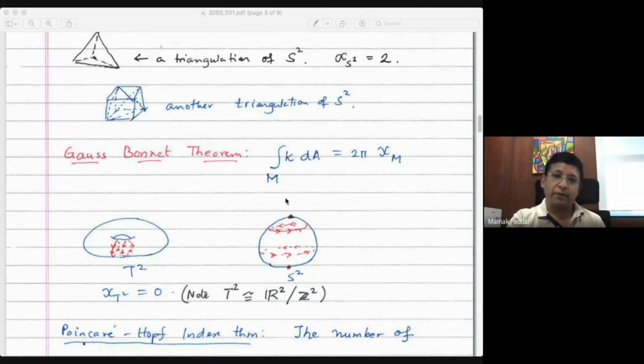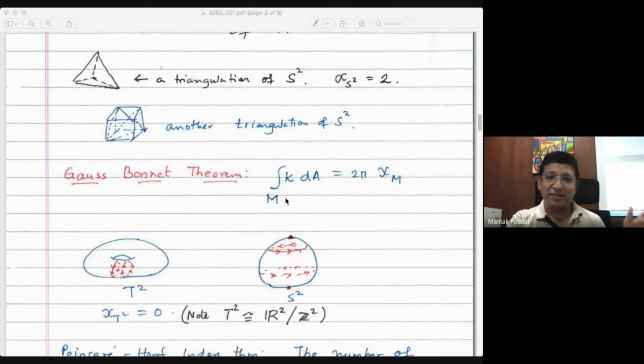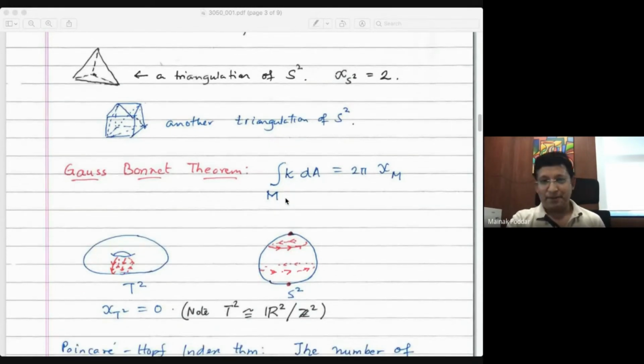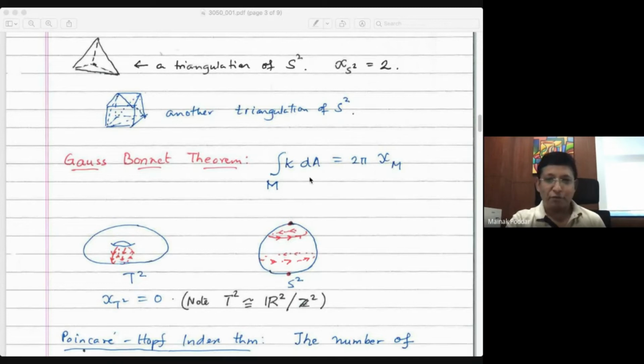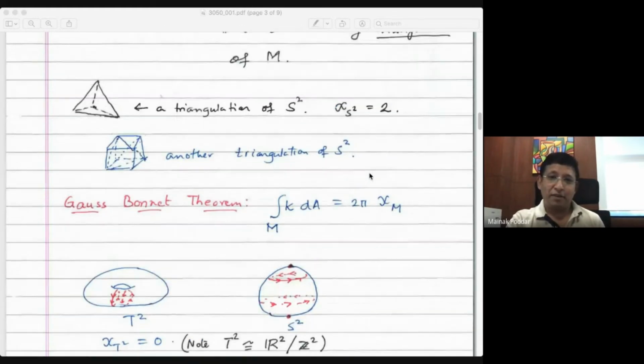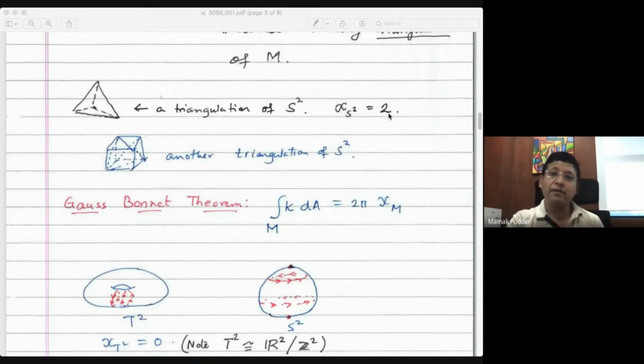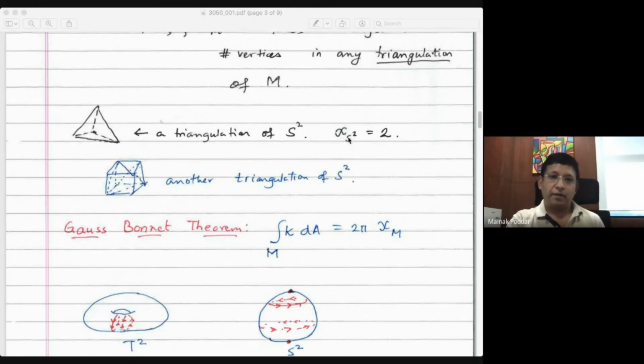So although curvature is defined in a very geometric, very local way, somehow it has information about the totality of the manifold. For example, you cannot have a metric of negative curvature on the two-sphere.